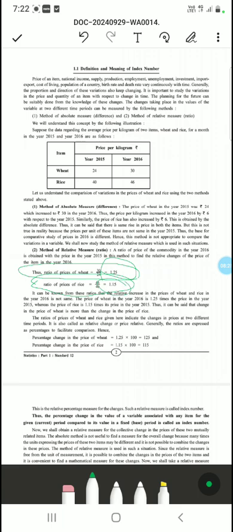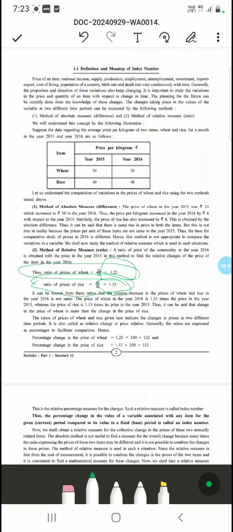So proportionately the wheat price has increased more as compared to rice. We will say that the price of wheat is 1.25 times and the price of rice is 1.15 times as compared to 2015, right?